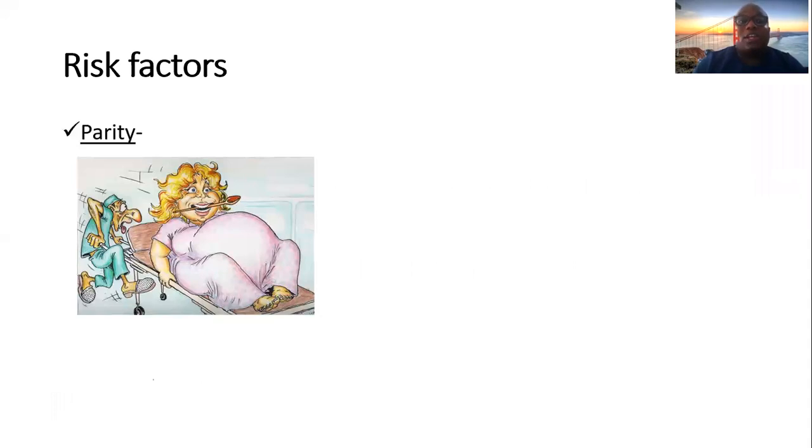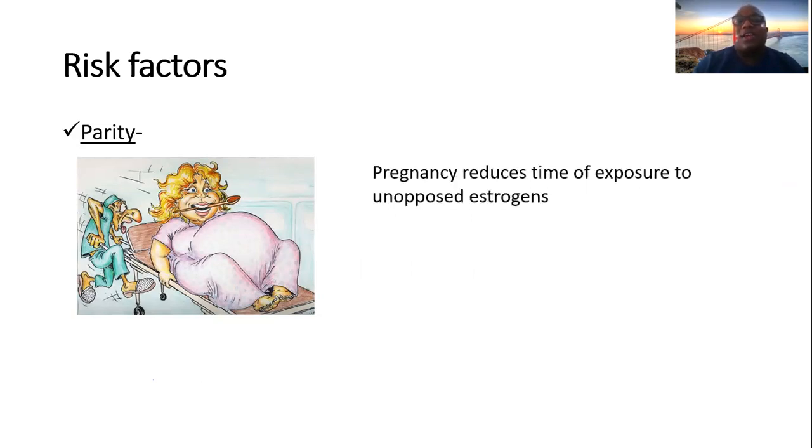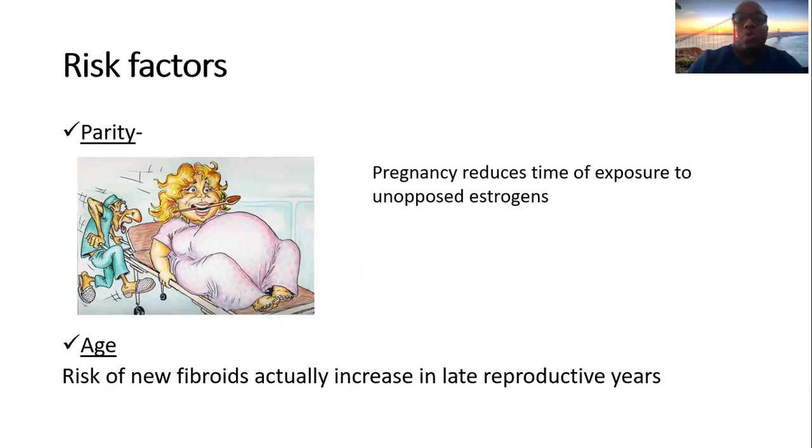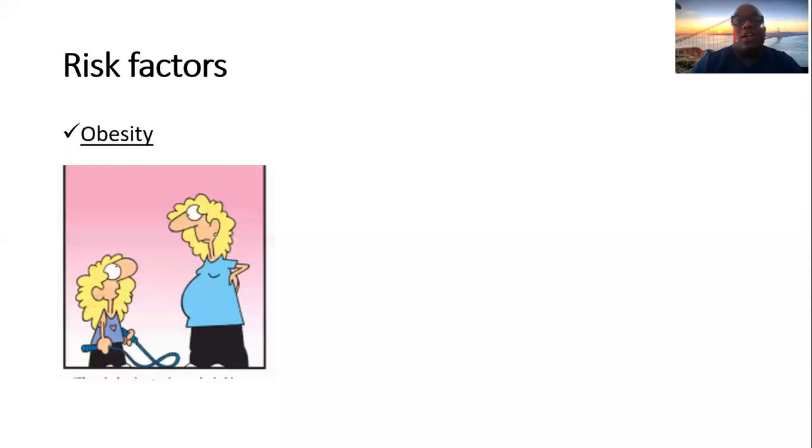Parity, we have said that the more a woman has carried pregnancy, the less the incidence of uterine fibroids. So we find that pregnancy reduces time of exposure to unopposed estrogens. And then age, you have also mentioned that the risk of new fibroids increases in the late reproductive years, that is usually the third decade or the fourth decade.